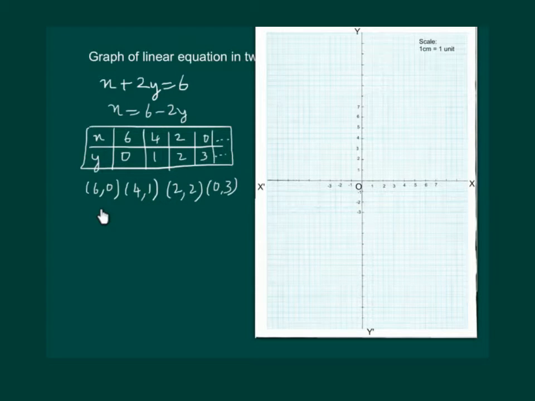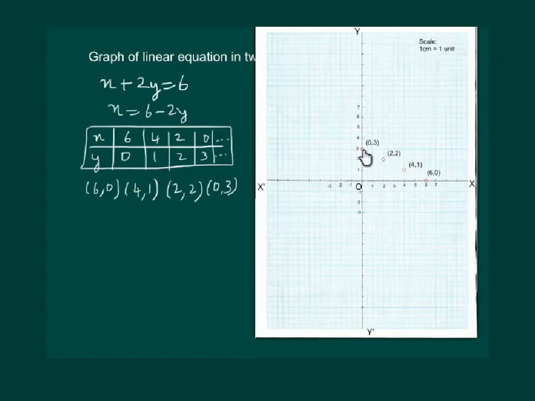Now plot the points. (6, 0) lies on the x-axis as the x coordinate is 6 and the y coordinate is 0. Next is (4, 1), x coordinate 4, y coordinate 1. Next is (2, 2), and the last one is x coordinate 0 and y coordinate 3.